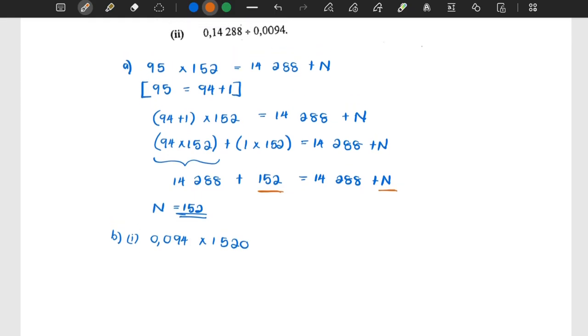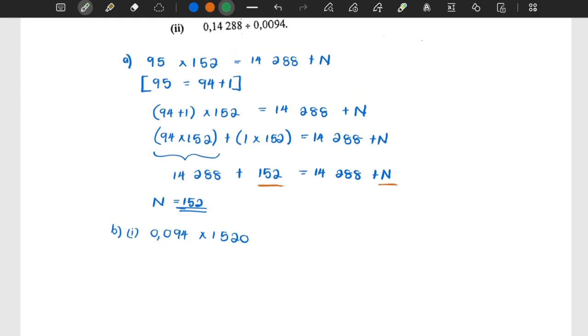So again, from the question, we know that 94 times 152 is equal to 14,288. That's what we're given to start with. And now we're being asked in this format. So we have to put these in this format, right?